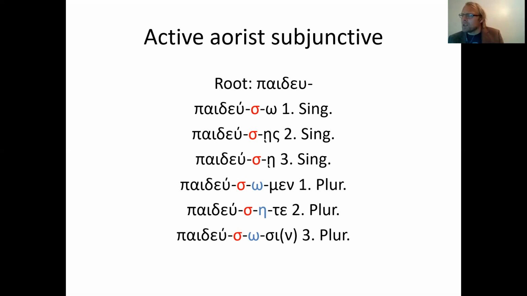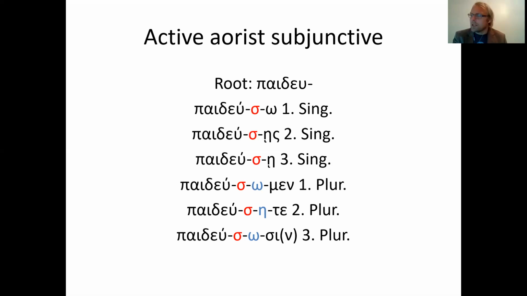As was the case in the present subjunctive, the active aorist subjunctive is characterized by the long thematic vowels. And in fact, the endings are the same in the subjunctive in the present and the aorist tense. So the only thing that sets them apart is actually the sigma infix. Note also that the aorist subjunctive is lacking the augment.